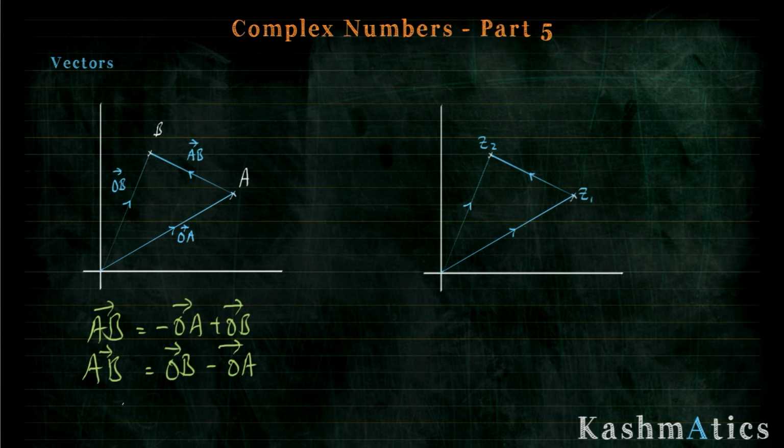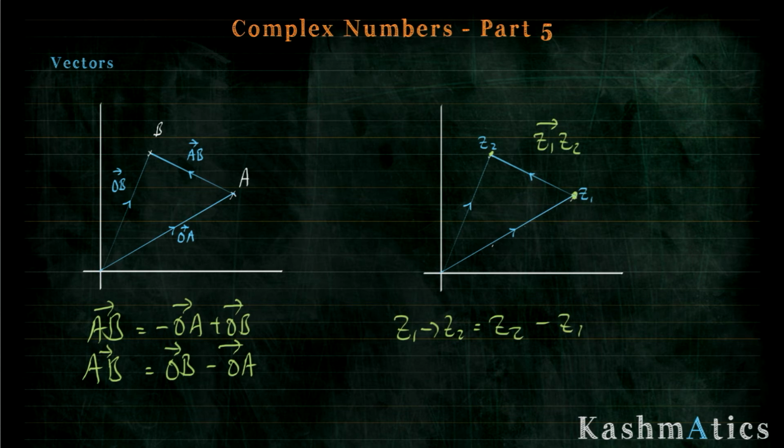Now we can apply the same thing using complex numbers, because if you remember from one of my earlier videos, the position on the Argand diagram for a complex number can be expressed using a vector. So if I want to get from Z1 to Z2, what I can do is go backward along Z1, then along Z2, so Z1 to Z2 would equal Z2 take away Z1.